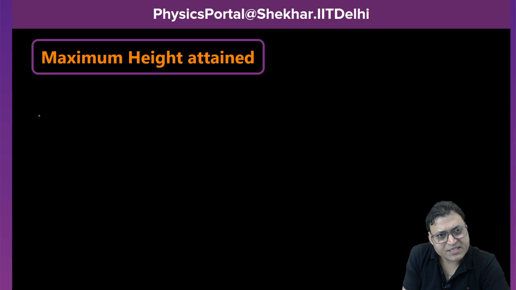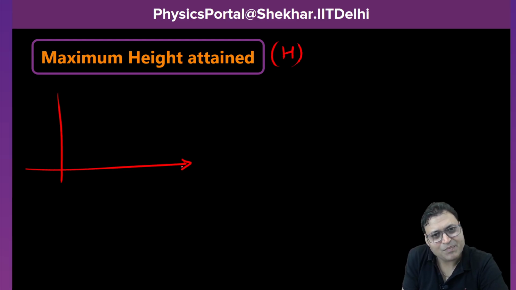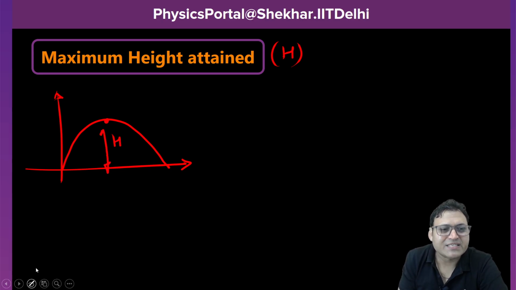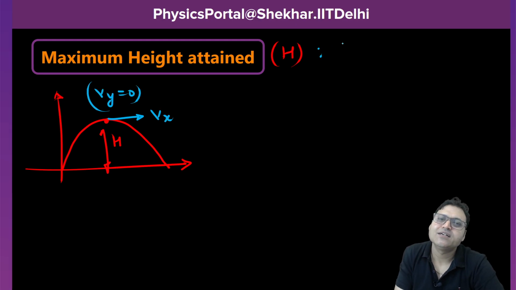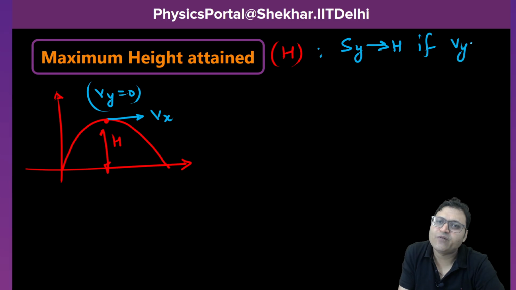First we are going to find out the maximum height attained by the projectile. The height will be maximum when the velocity is having only the horizontal component, or when vy is equal to 0. So sy will be equal to h if vy is 0.